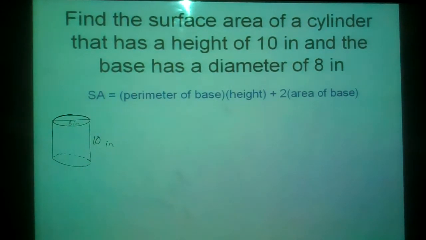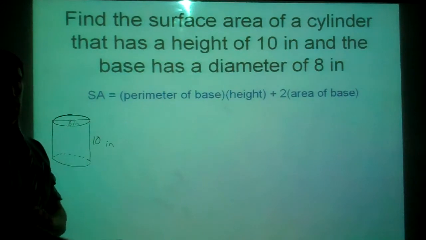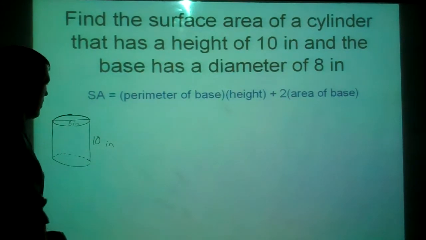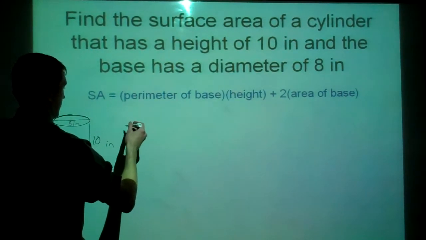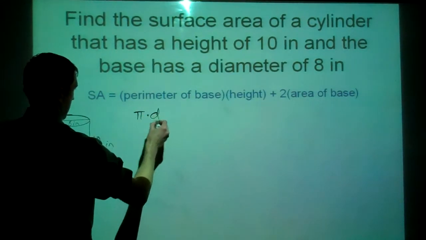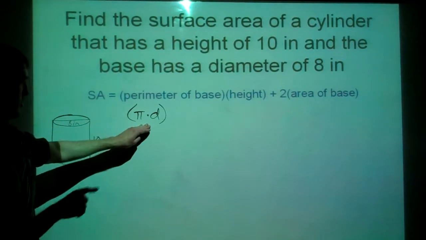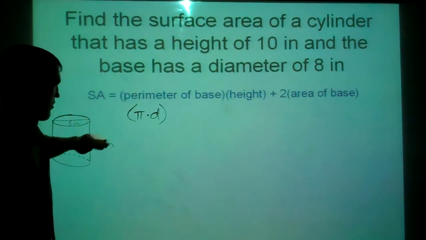Okay. Now we have a different name for the perimeter of a circle, remember, so the perimeter of our base is distance around. For a circle, distance around is called circumference. And circumference will be on your MCA formula sheet, but we know that circumference is found by doing pi times diameter. Okay, that'll give us the distance around our circle, so that's the perimeter of our base.